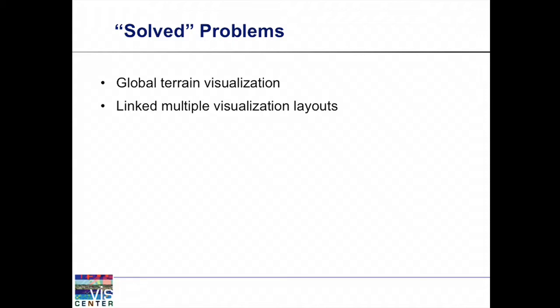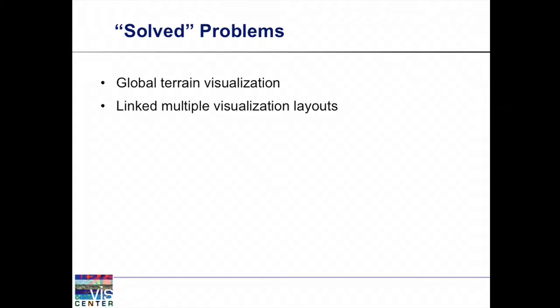Link multiple visualization layouts. If you take a look at what the information visualization community has been doing in this area over a period of years, with linking and brushing and various ways of representing data, scatter plots, 2D data basically, hotspots and so on, you have this feeling that, yeah, this is the way to approach these data, at least in this instance.